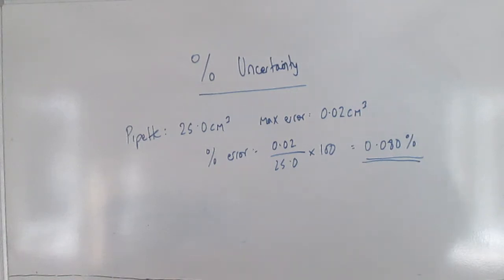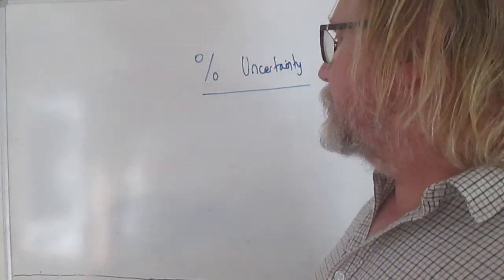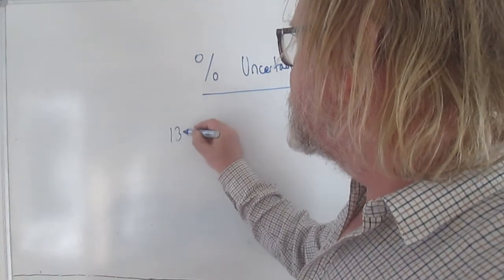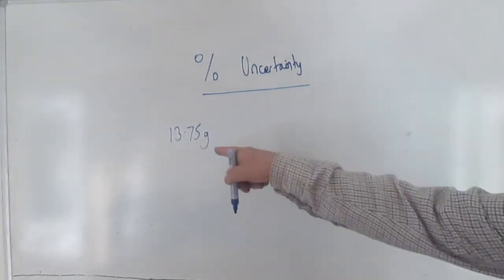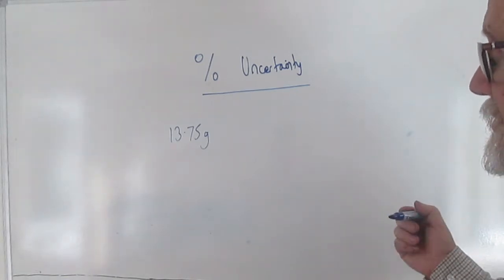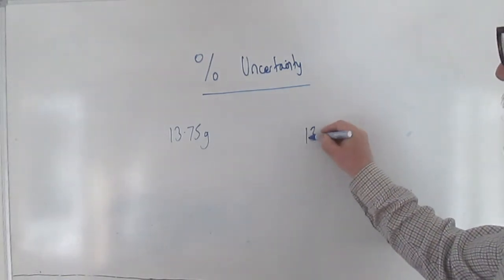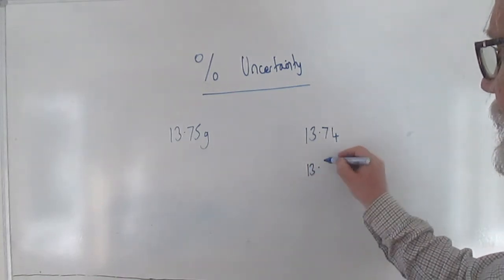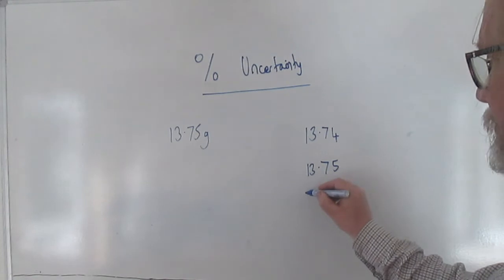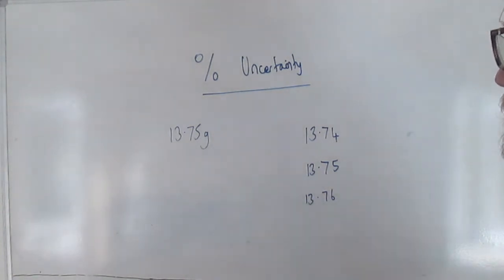It's just possible they would ask you to decide what you think the percentage error is based on the calibrations on a piece of equipment. So, for example, let's go back to our 13.75 grams on the balance again, and think about that. So the balance reads to 2 decimal places, so that would mean that the possible readings in that region would be 13.74, 13.75 or 13.76.